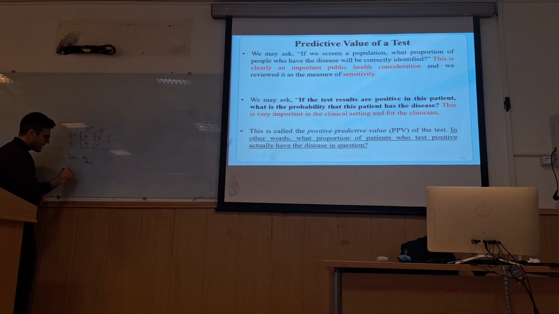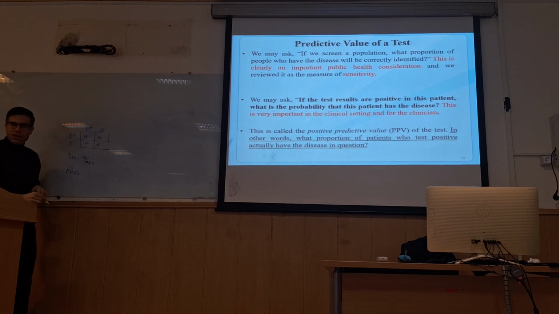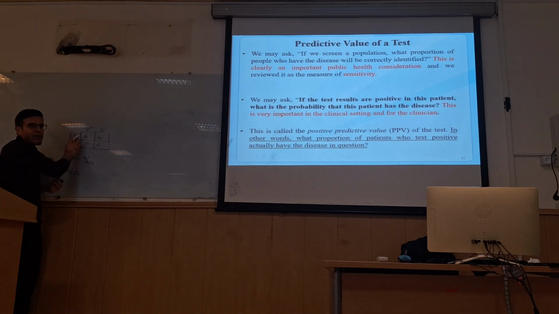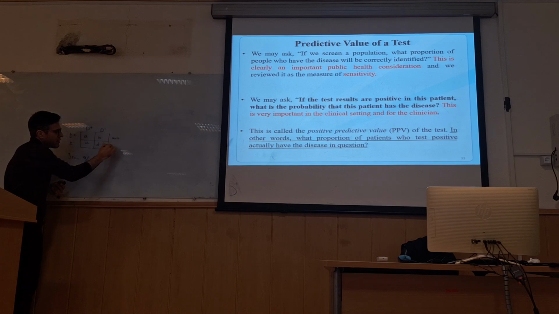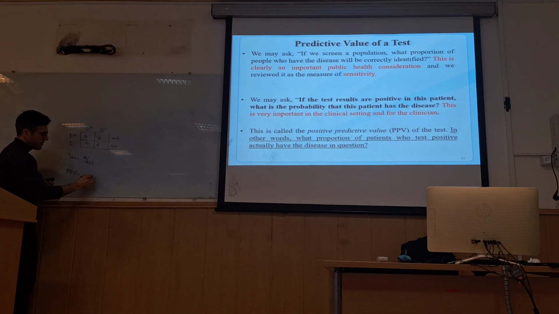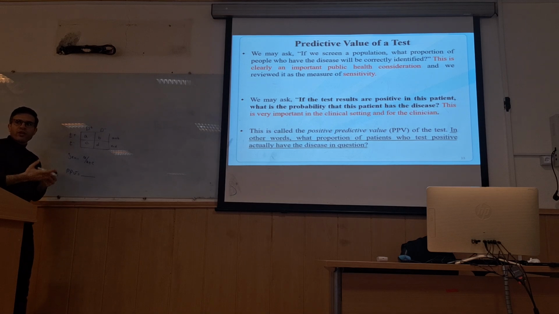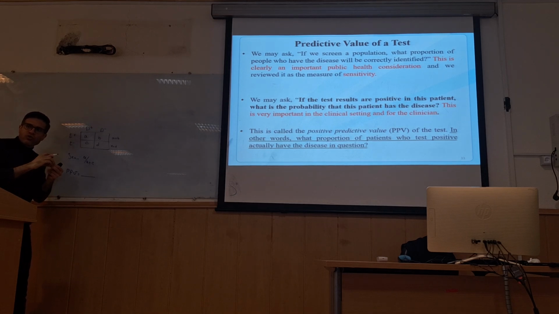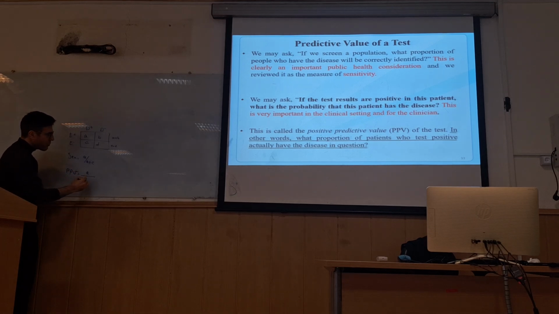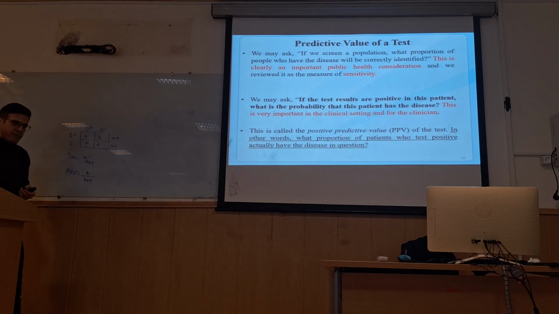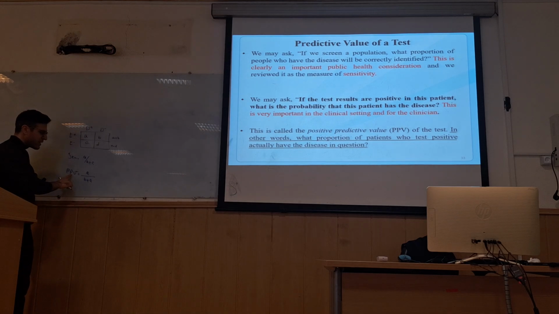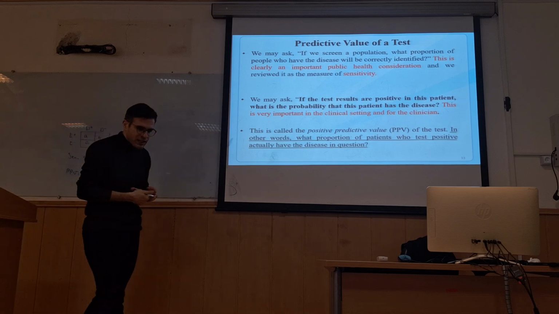But positive predictive value means what proportion of people who have a positive test are truly or correctly positive, or truly diseased. It means A divided by A plus B. Okay. What does positive predictive value mean?